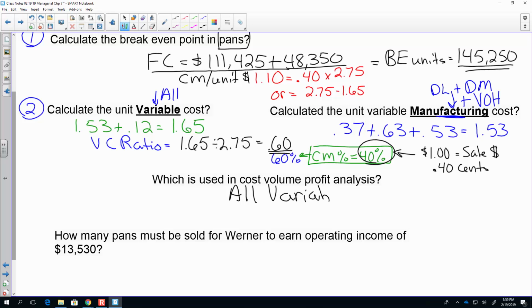In managerial accounting, we don't make the distinction between production and admin costs. We do a whole analysis which includes all costs, so that's why we're going to use the $1.65 in this case in our analysis.